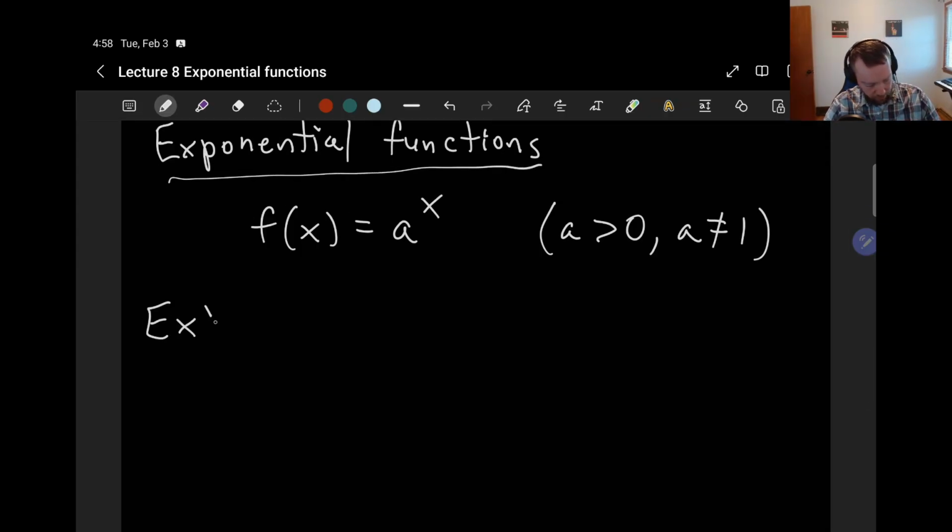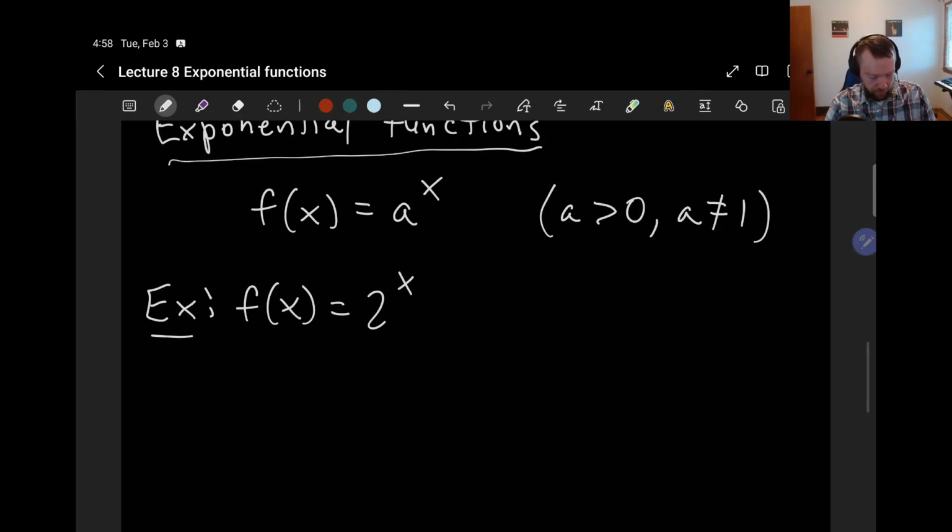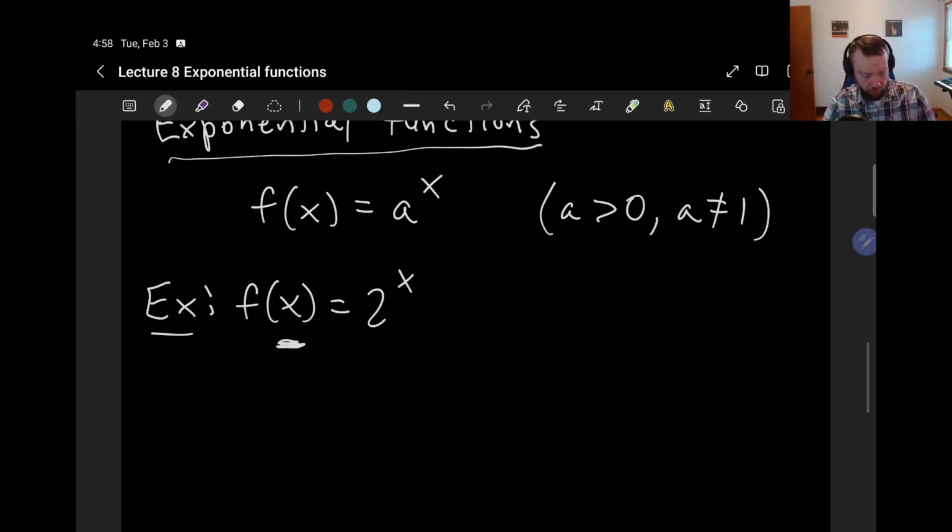Let's focus on a standard example where a is 2. f of x equals 2 to the x. This means when I plug in some number x, I get an output or y value of 2 to the x.